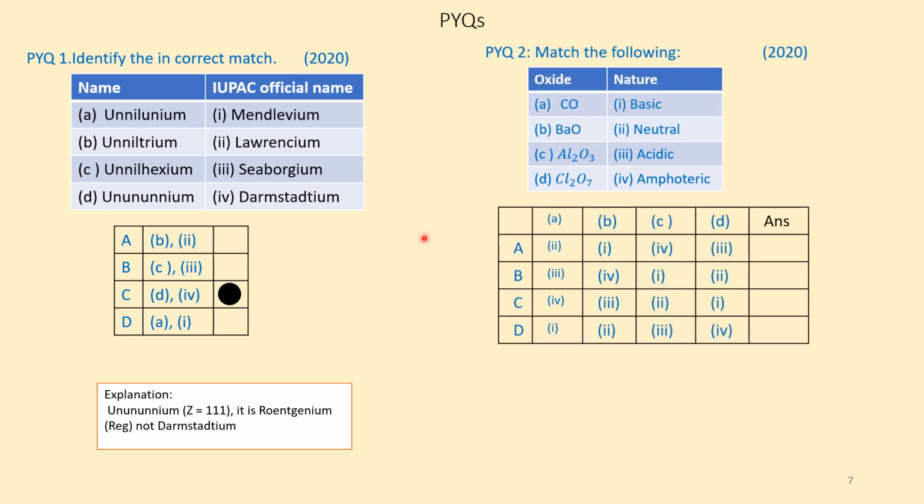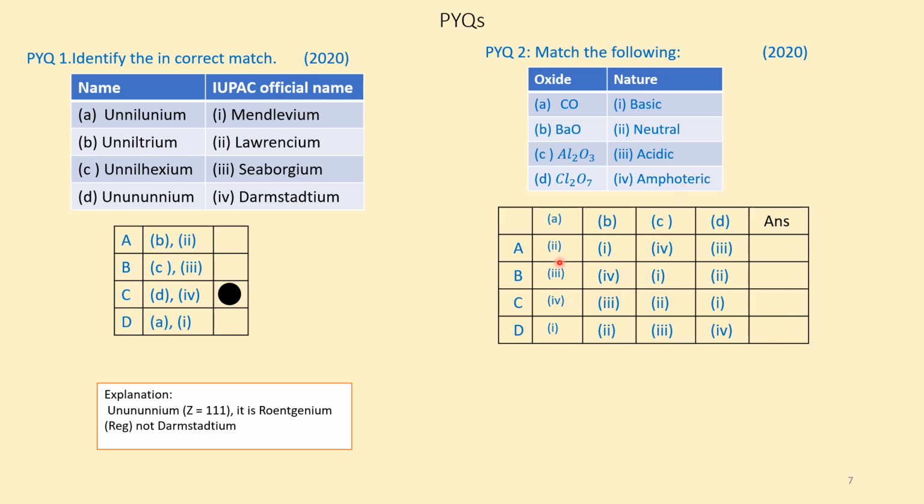Match the following. Here two columns are given. Oxides are given: CO, BaO, Al2O3, Cl2O7. On the right side it is basic, neutral, acidic and amphoteric. You have to match them.